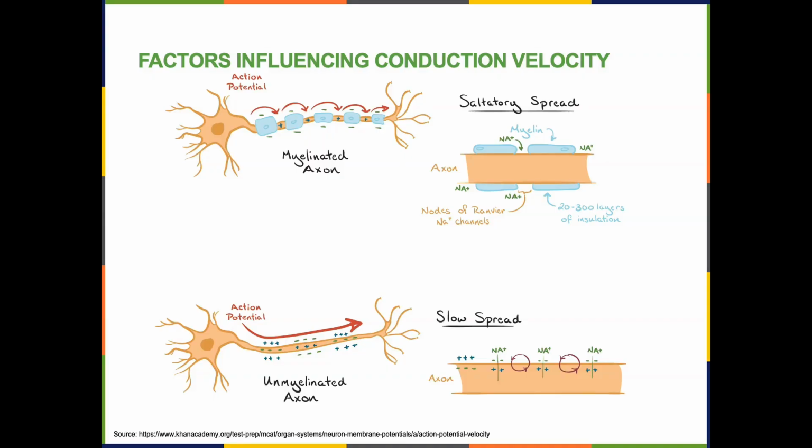In contrast, an unmyelinated axon will have a slower spread of the action potential as sodium ions enter through voltage-gated sodium channels and then are able to leak out of the axon as they're spreading through. So sodium ions are constantly leaking out of the axon, slowing down the rate at which depolarization spreads down the axon.